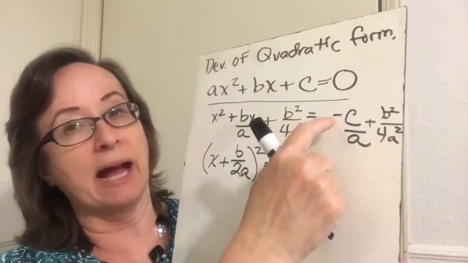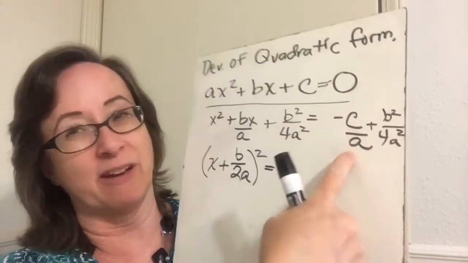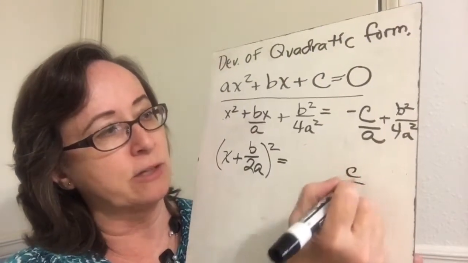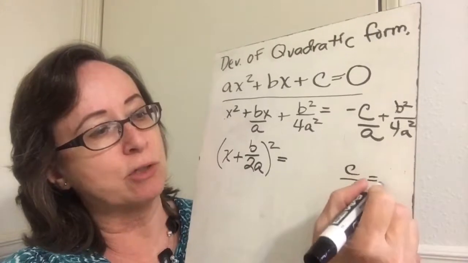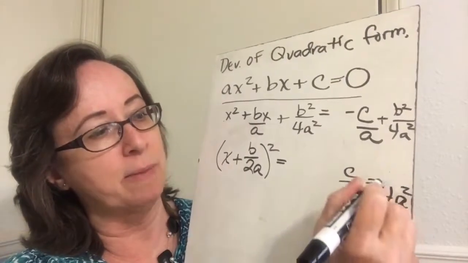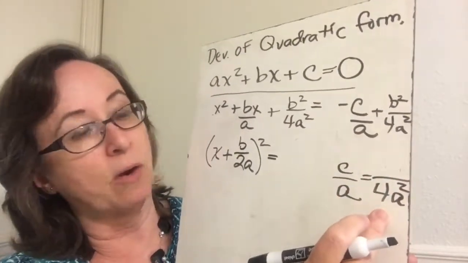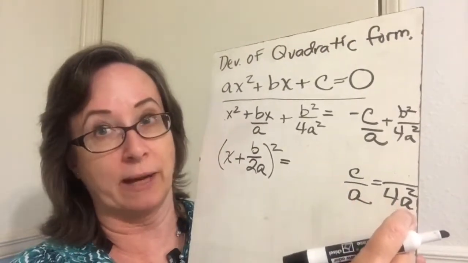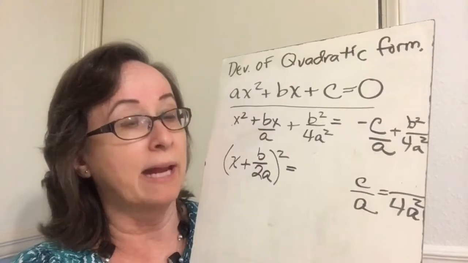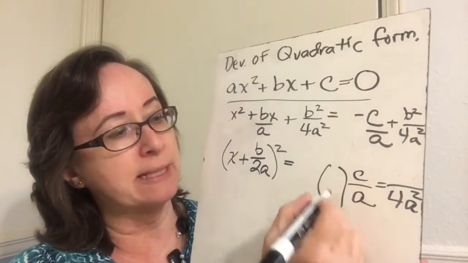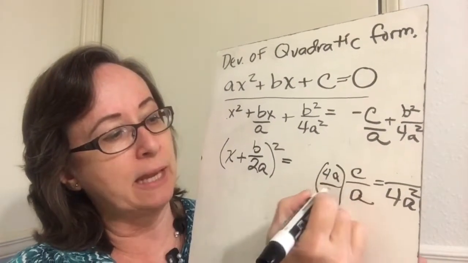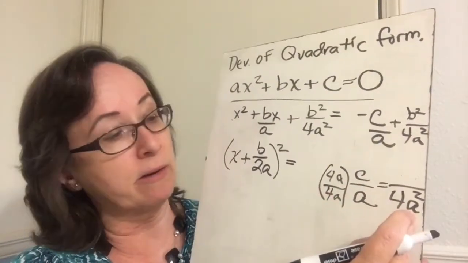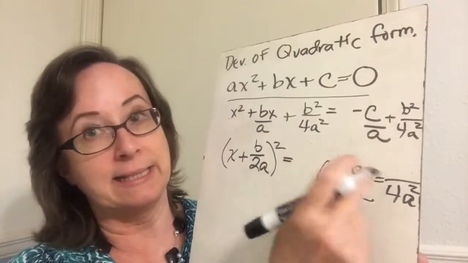But remember, I want to have a 4a squared in the denominator. So let's just come over here. If I took c over a and I were trying to get it as a common denominator, over 4a squared, what would I have to multiply a by to get 4a squared? 4a, right? So basically what I'm doing is I'm multiplying by 1 in the form of 4a over 4a to get 4a squared on the bottom and 4ac on the top.